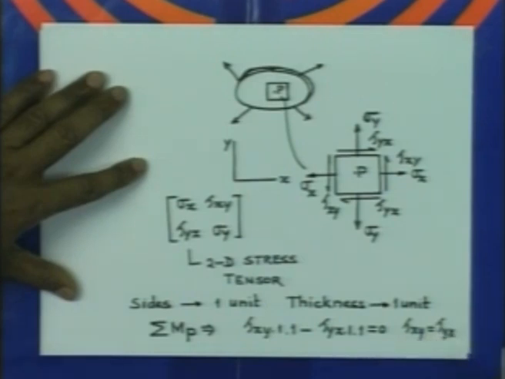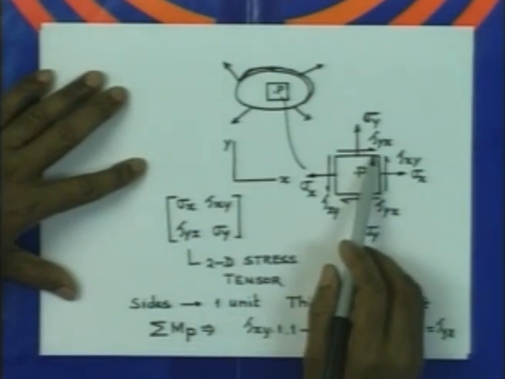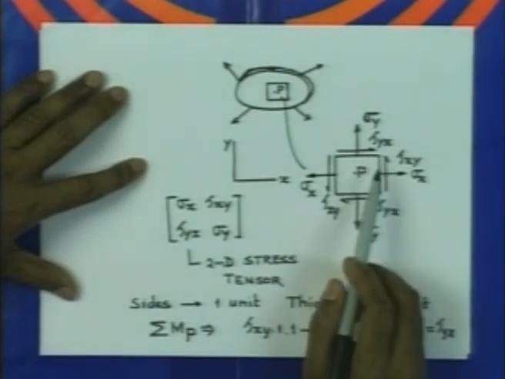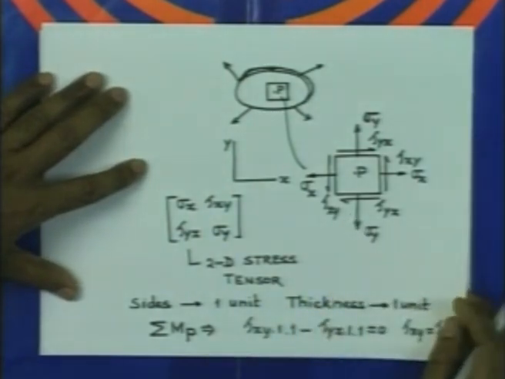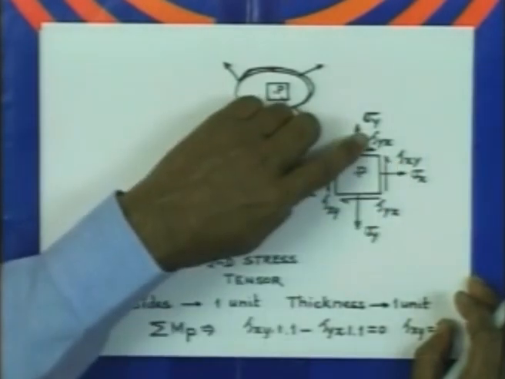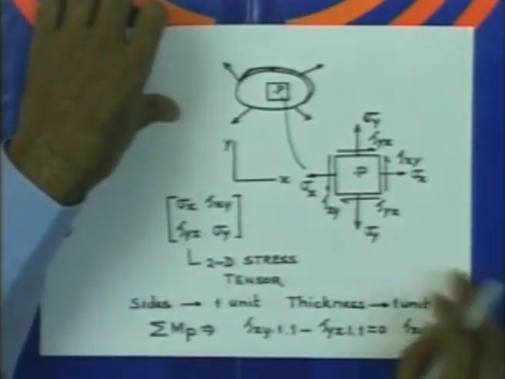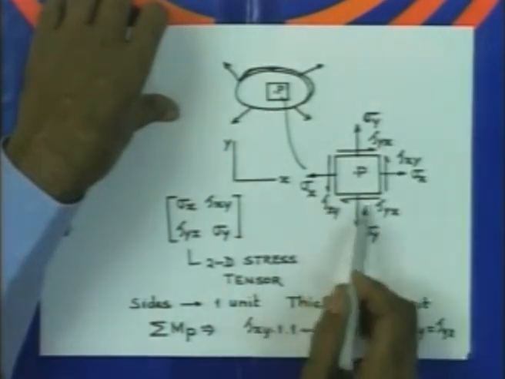So, this is very important that these shear stresses acting on the two perpendicular planes, they are equal. So, they are known as complementary shear stresses. So, if this is working, this has got to work and that is why this is known as complementary to this. Similarly, on this side this is complementary.